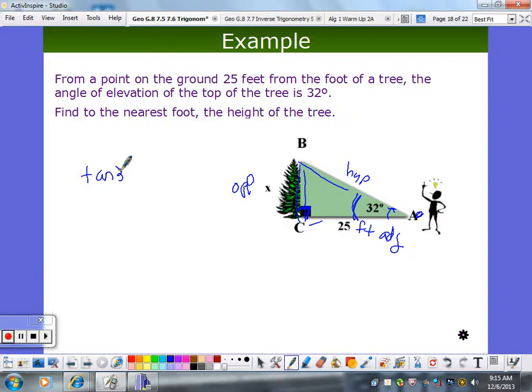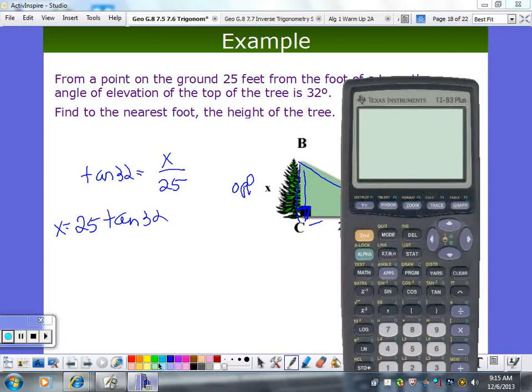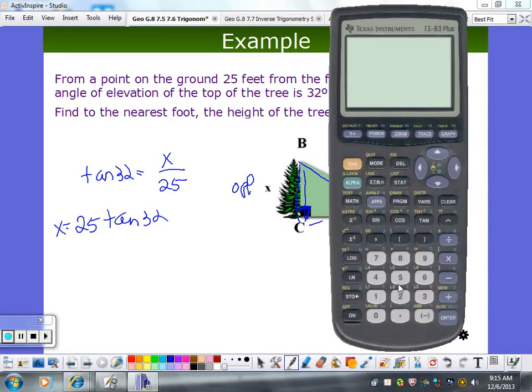Tan 32 equals the opposite, which is the x I don't know, over 25. Solve that for x by multiplying both sides by 25. Now you can do your calculator. So let's see, 25, tan 32.